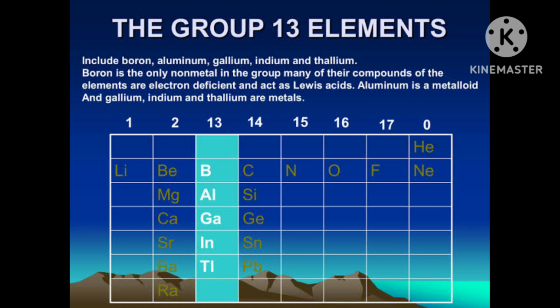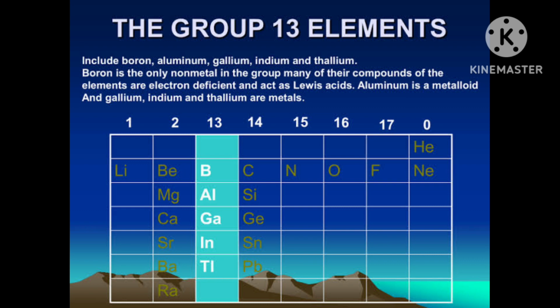Due to this very strong crystalline lattice, boron has an unusually high melting point. It is hard also, and this is due to the strong crystalline lattice energy.